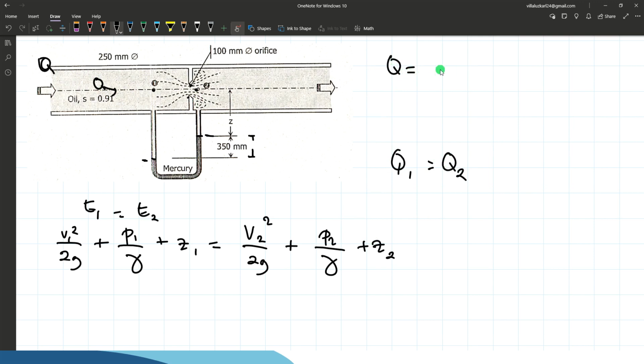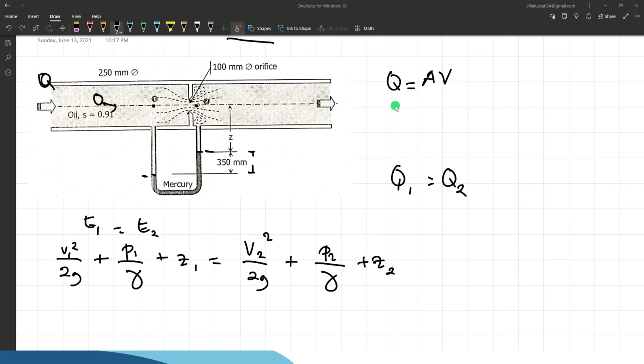Since the discharge is equal to area times velocity, V equals Q over A. We substitute the velocities in terms of Q so that we can directly solve for Q in this equation.